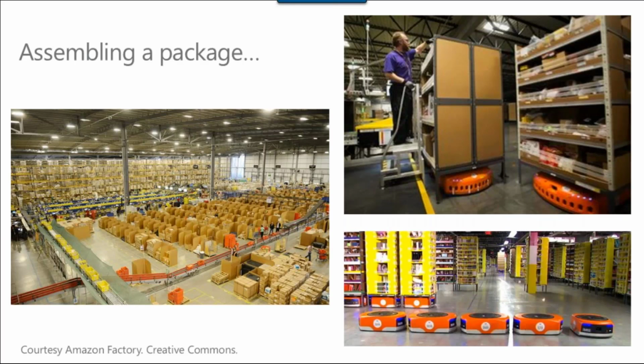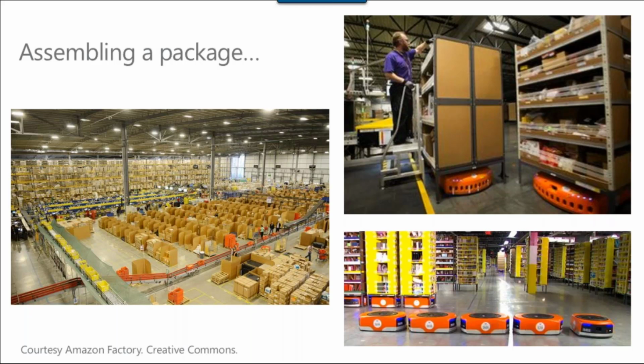Now think as well, when you order something on Amazon, and I don't care what service you're talking about, but the idea that you order something online, and these days within hours even, you can have that thing on your doorstep. How does that happen? Well, that's automation. You've got these little robots cruising around.